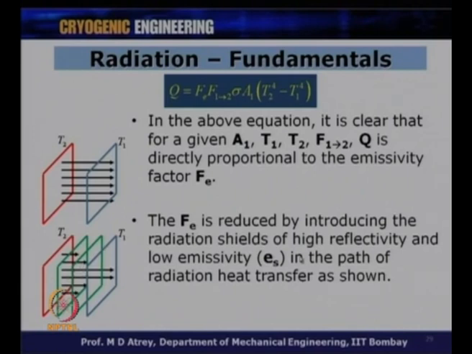If I have such radiation shields and put them between these surfaces at temperatures T2 and T1, my factor Fe will get reduced. And how does it get reduced? Most of you know the rule for parallel surfaces: 1 upon E equals 1 upon E1 plus 1 upon E2 minus 1. By this formula, if I put in surfaces having minimum Es, my Fe factor will get reduced further.